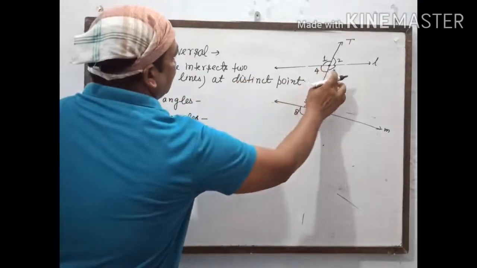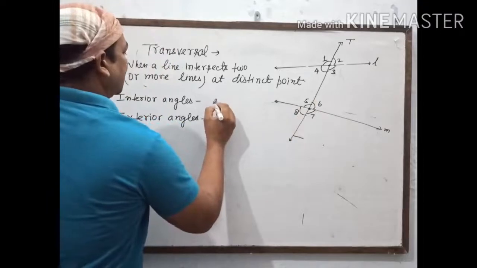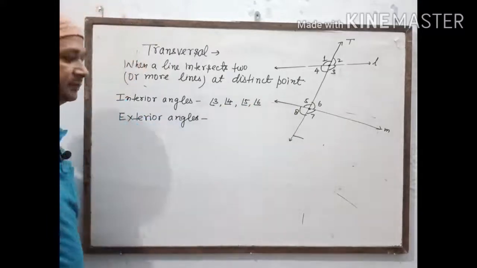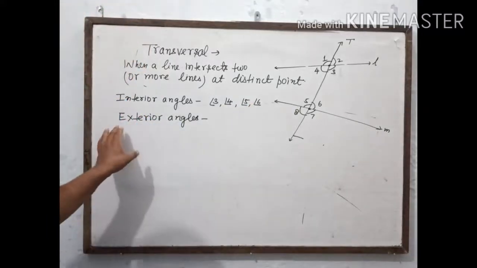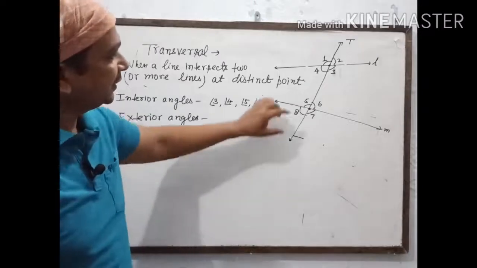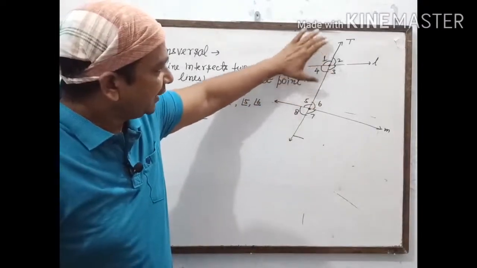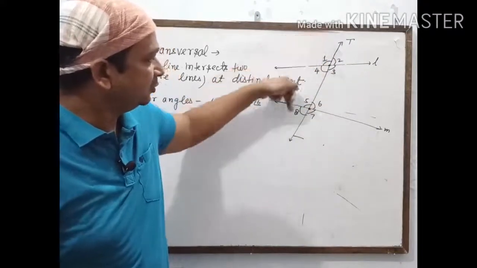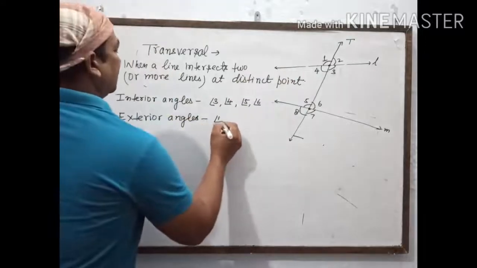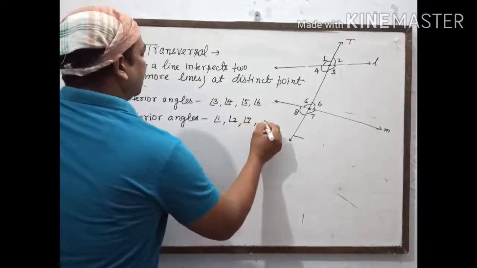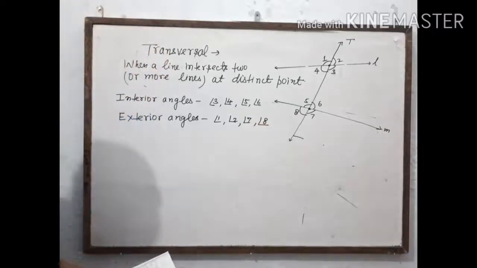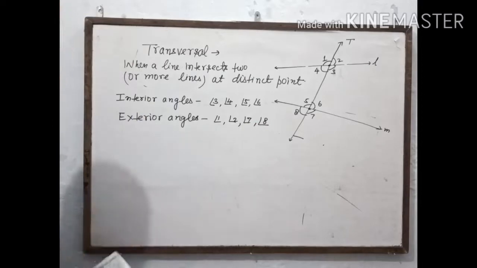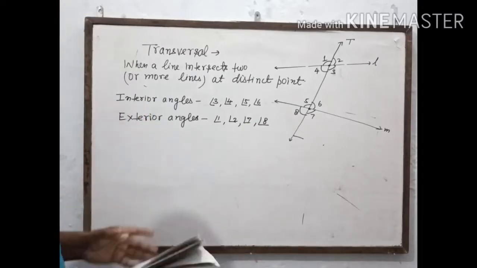Here 3, 4, 5, 6: angle 3, angle 4, angle 5, angle 6. Exterior angles means angles outside the intersected lines: angle 1, angle 2, angle 7, angle 8. Interior angles, exterior angles.